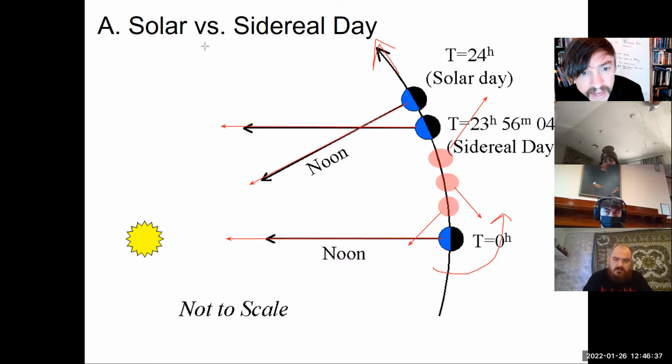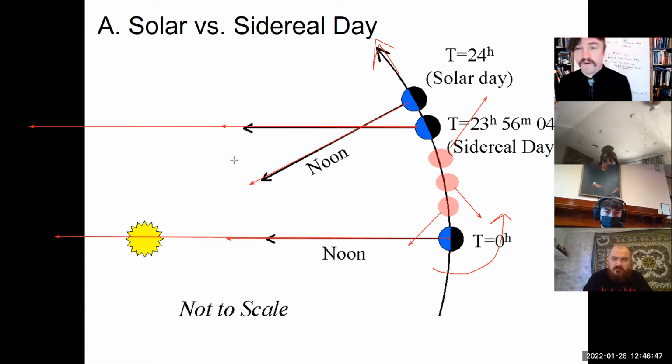Now, this may not be obvious to you guys, but this arrow and this arrow both point towards the same star, because the stars are so far away that it doesn't matter where in Earth's orbit you are. Anything pointed to the left points towards the same star.